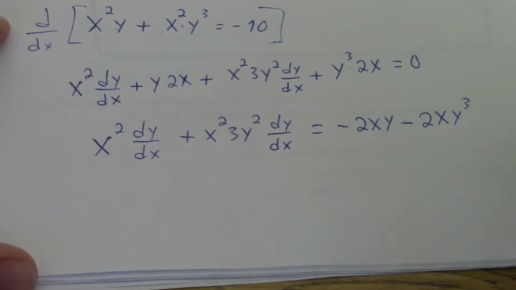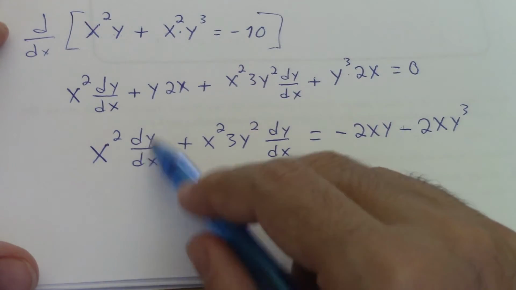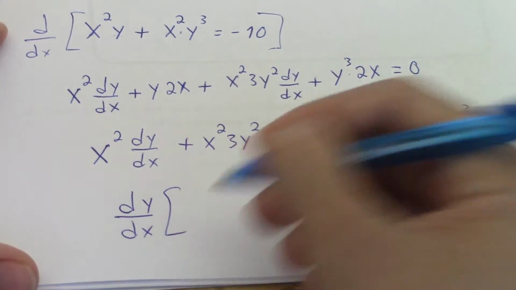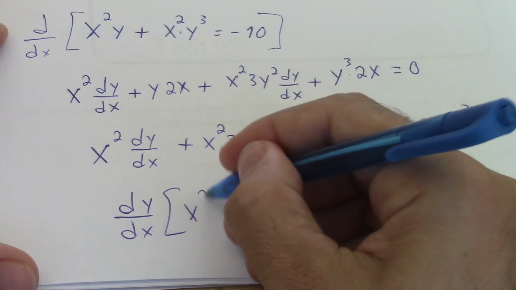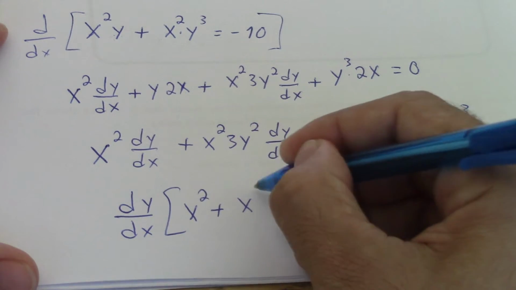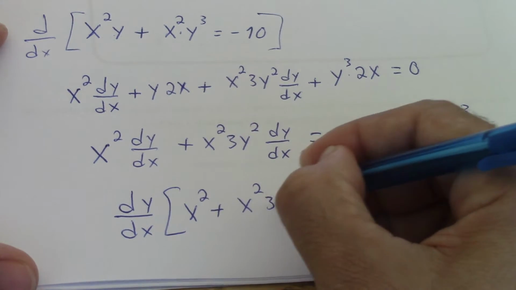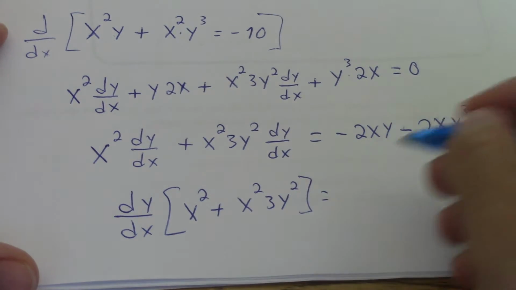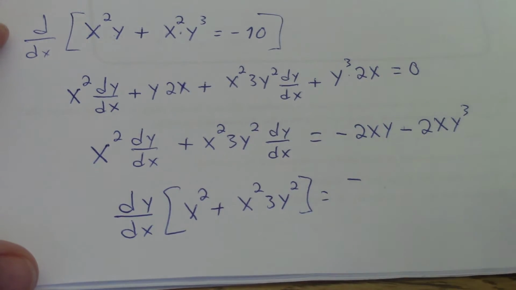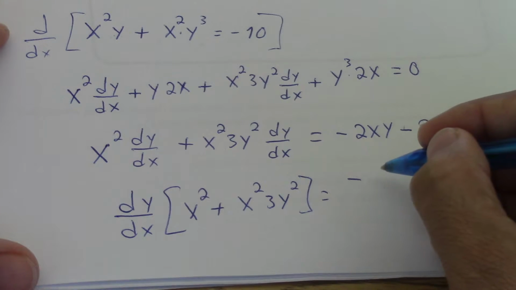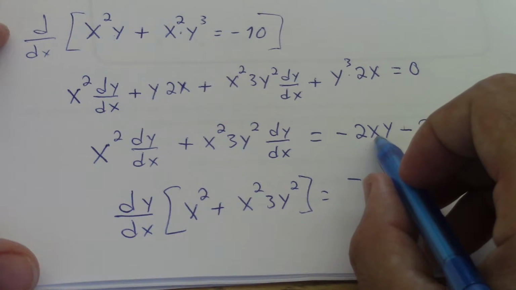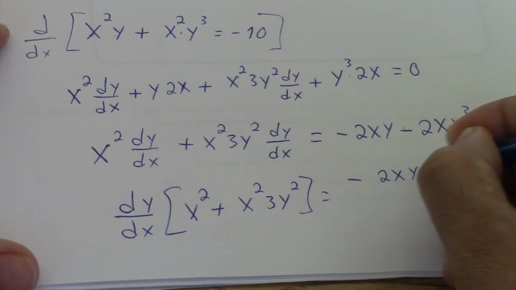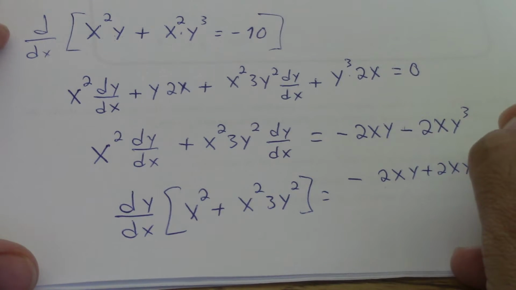Okay, now we factor dy/dx, and here is x squared plus x squared 3y squared equals, we can put the negative if we want. Let's factor the negative, we can even factor negative 2xy, so let's factor the negative 2xy plus 2xy to the third.